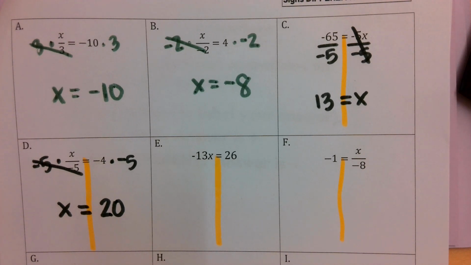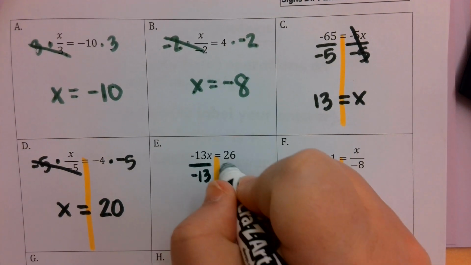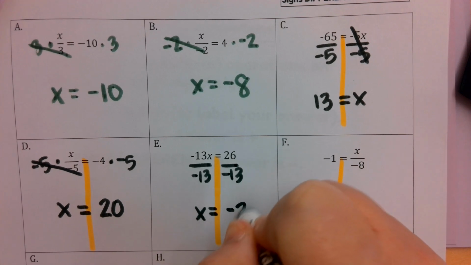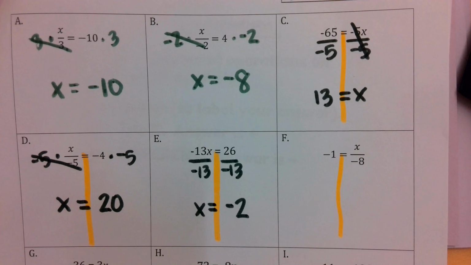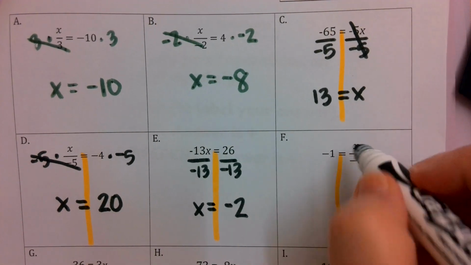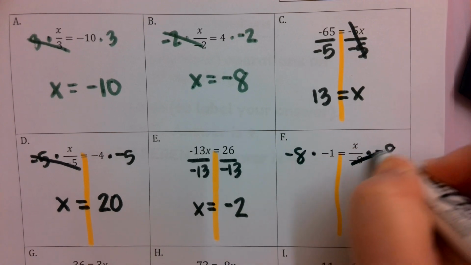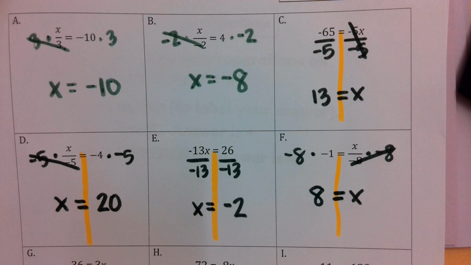Next one, try it on your own. Divide by negative 13, divide by negative 13, x equals negative 2. F, times by negative 8, times by negative 8, cross it out, x equals positive 8.